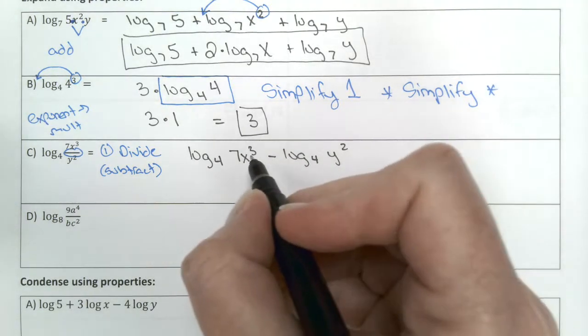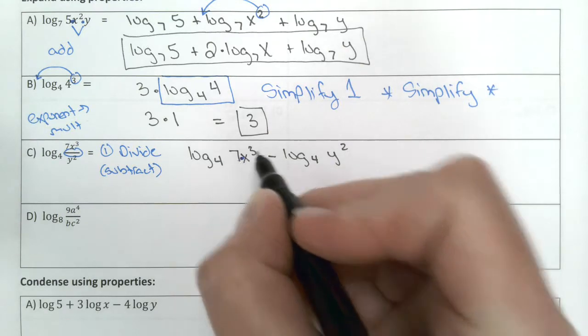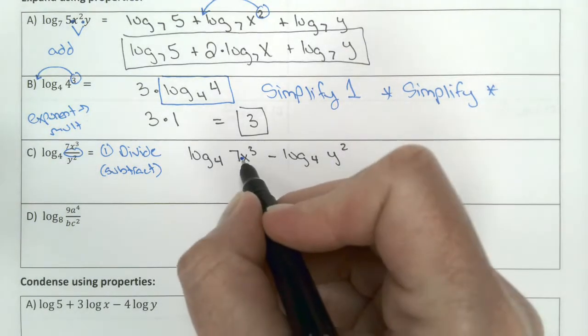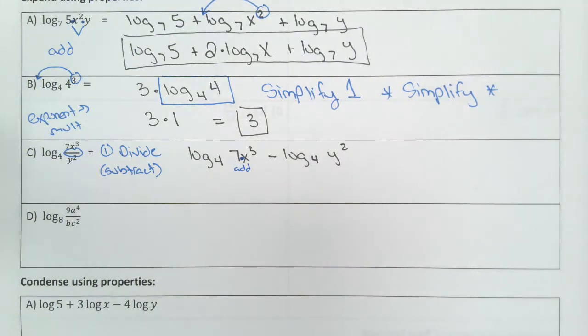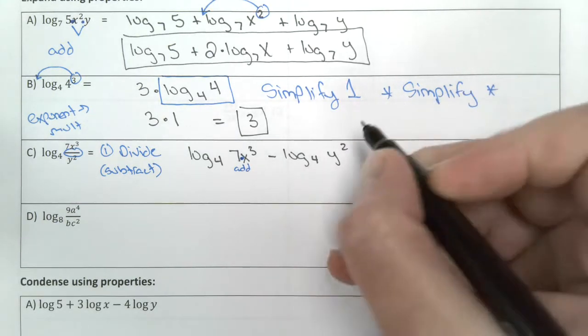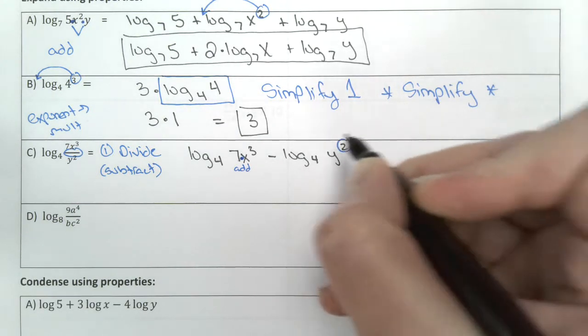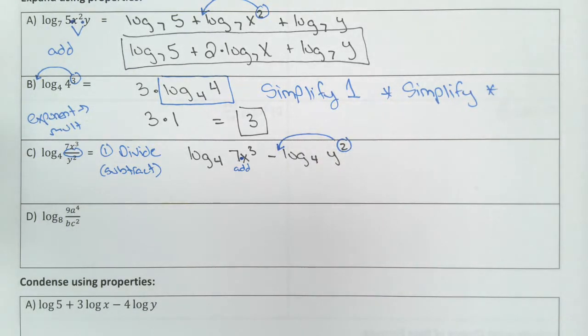All right, so now we have 7 times x to the third. So I'm going to have to break up this multiplication here by adding them together. And then on the second expression, I see an exponent. I'm going to have to use the power property, and it moves to the front and becomes multiplication.